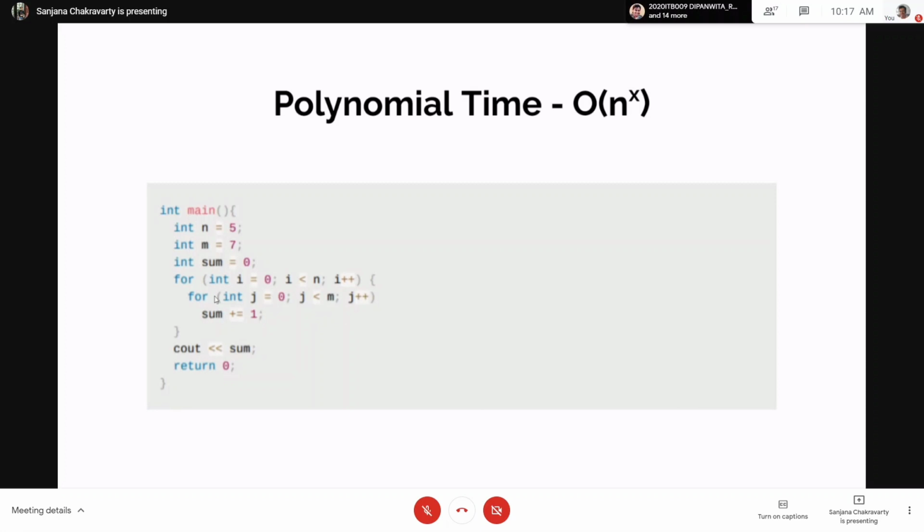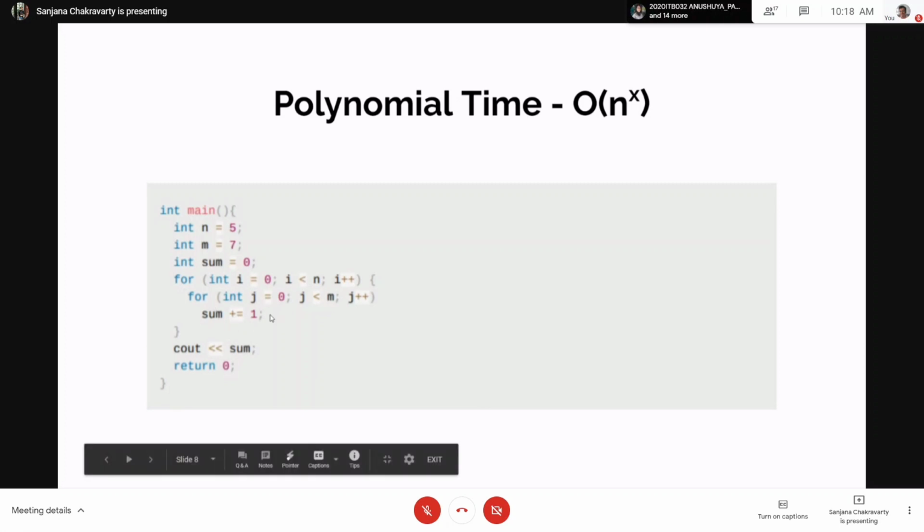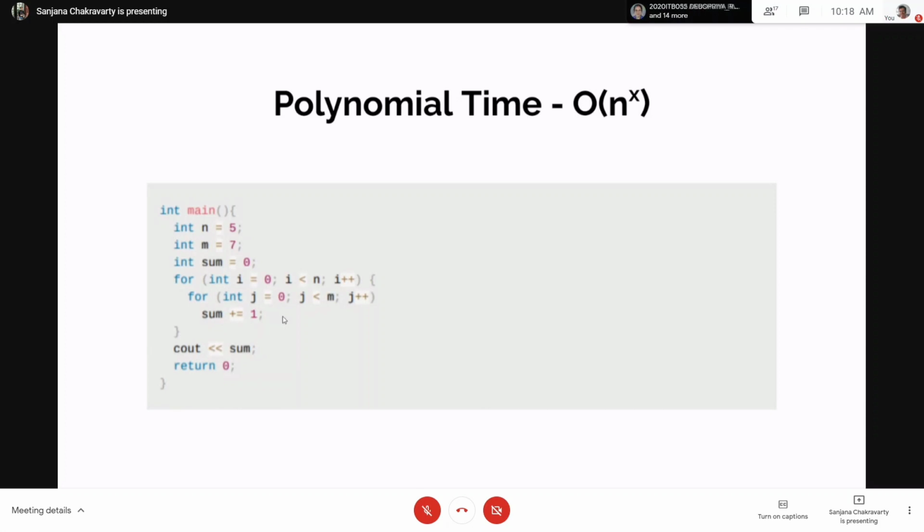For each iteration of i, there are m iterations of j. So how many times is the statement sum plus equal to 1 being executed inside the j loop? It's being executed n times m times.